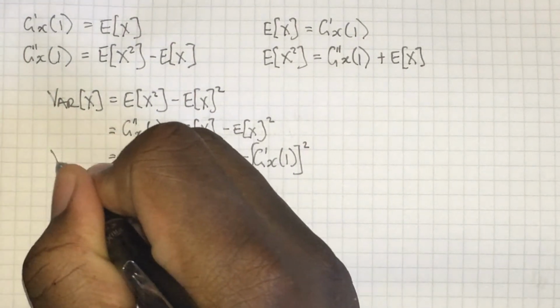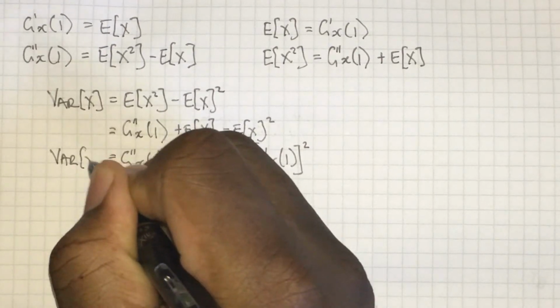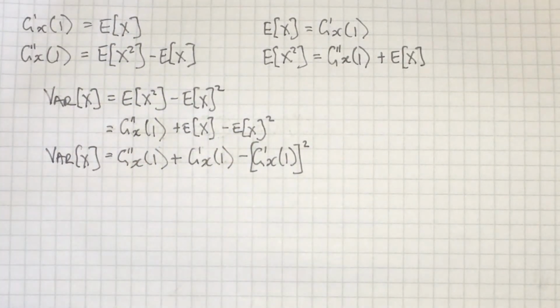Okay, so it took a while for us to get here, but this is the formula to use when finding the variance of a probability generating function. We're going to need to use some calculus in this combination. You're not on your own. This formula is given to you in the formula book, but obviously we would like to know how to derive it.